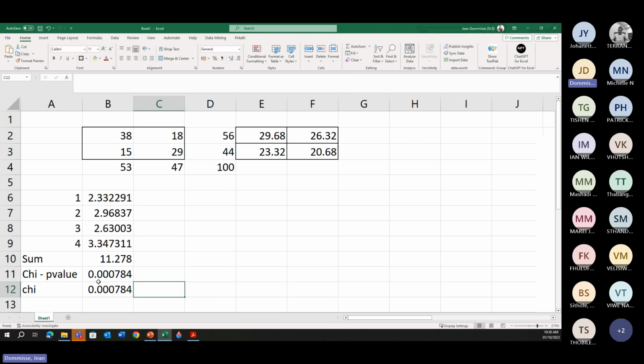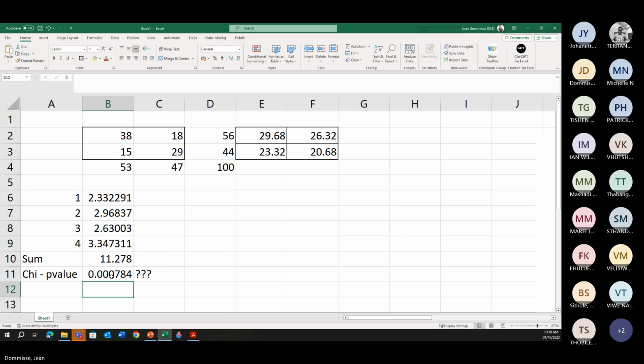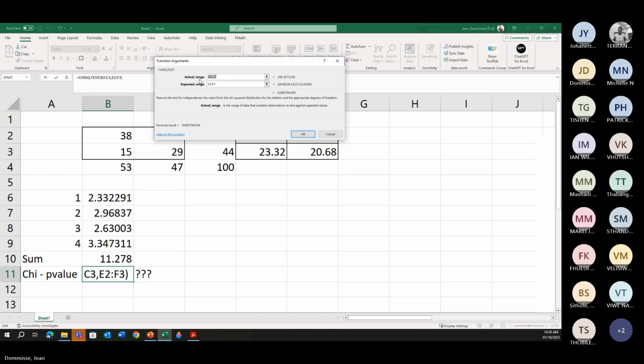So I will just check on my table why I couldn't get to it, because it should not take this long. And it might just be... so that was the expected, so why did it not do that?